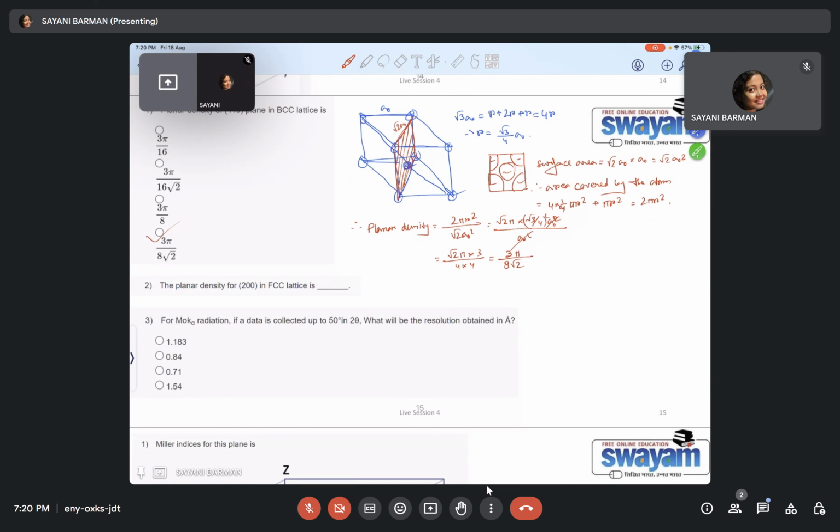Okay. For an FCC lattice, this is the FCC lattice, and what happens here? The face diagonal becomes equal to 4R, right?